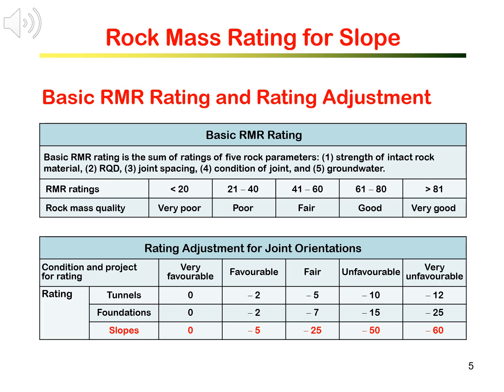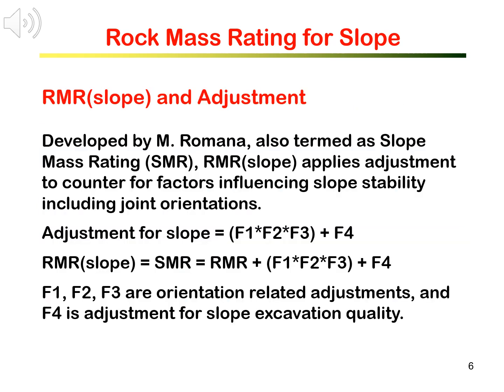However, the original RMR method did not provide methodology to obtain adjustment systematically. Later, Professor Manuel Romana in Spain developed a systematic and quantitative approach to obtain the adjustment for rock slopes.